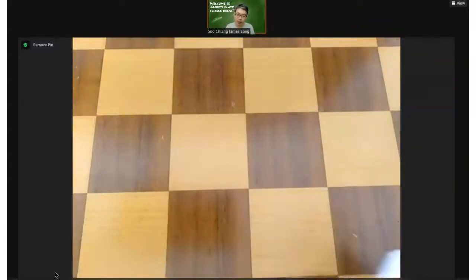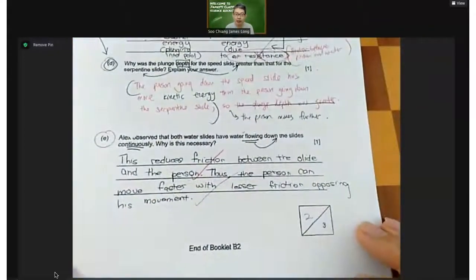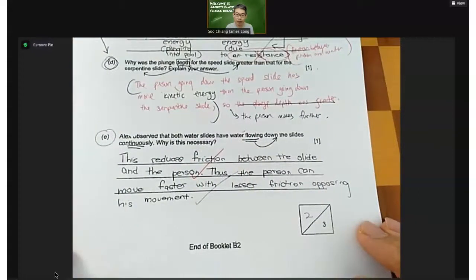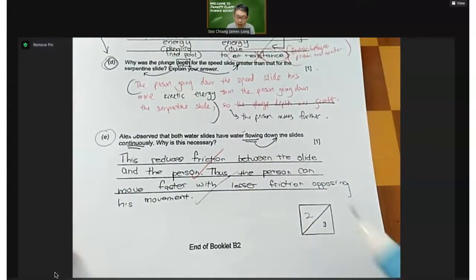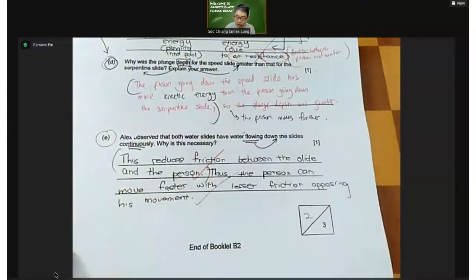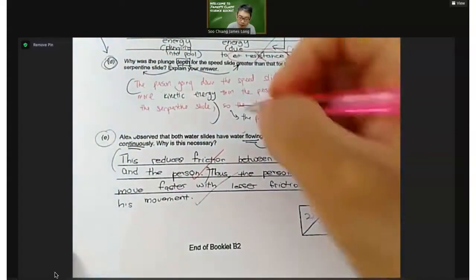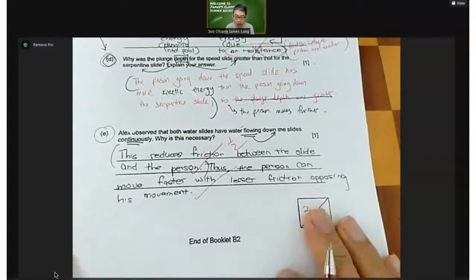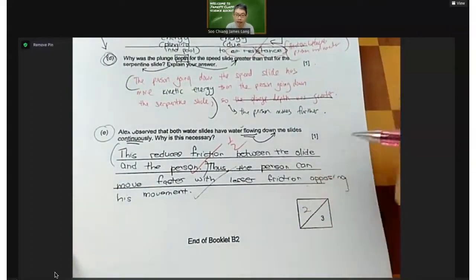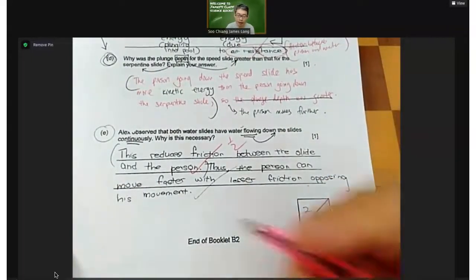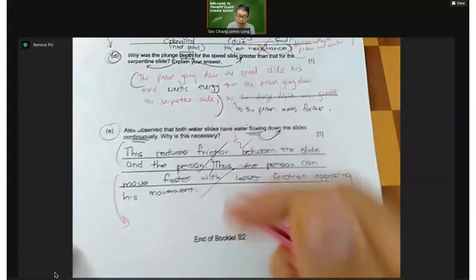And to ensure that happens, you make sure that there is as little friction as possible. So for me, I would explain it in terms of that. This is the first half mark that you should get. I think this is acceptable, but for me, I always link it back to the purpose. So the purpose of that, why?